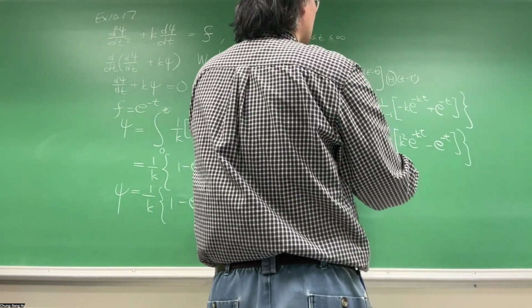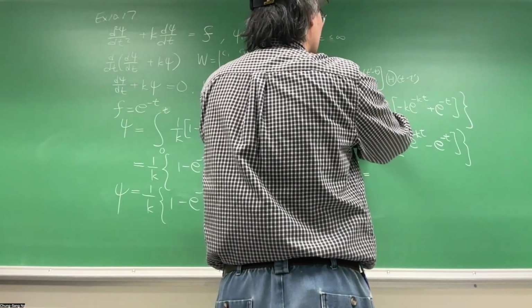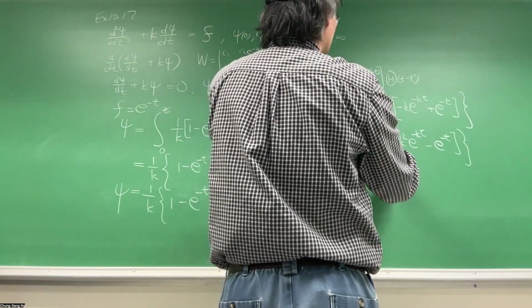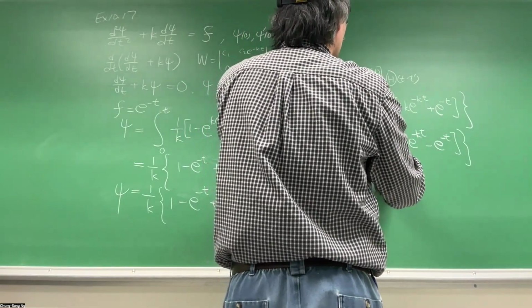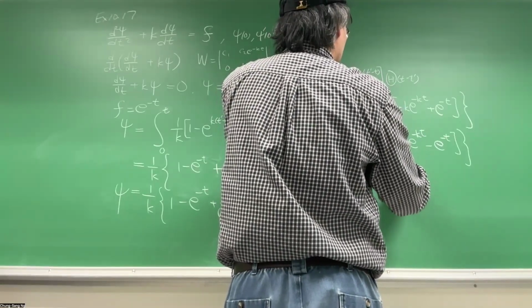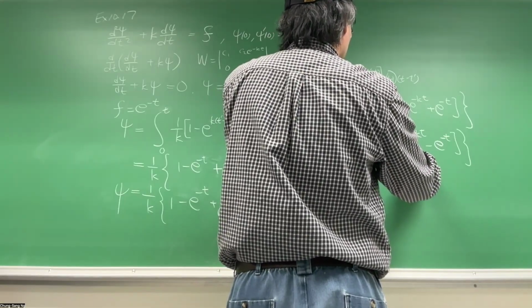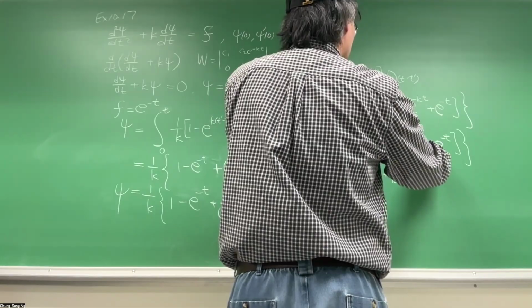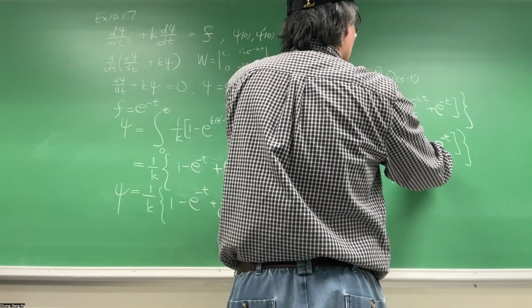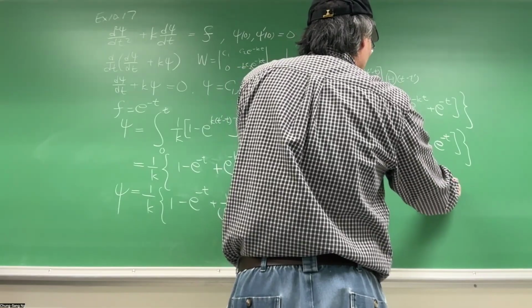First, group all the e to the minus t terms. You have 1, but this time you have 1 plus 1 over k minus 1, and then minus 1 over k, and minus over k minus 1.